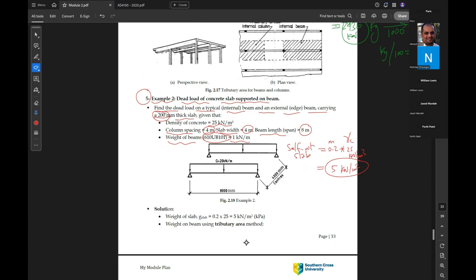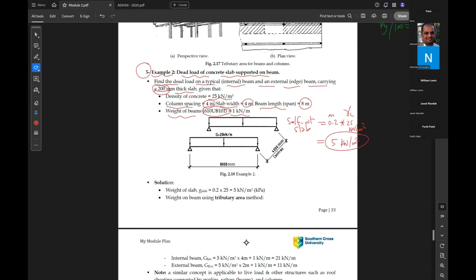Okay, so now how much is the load on one beam? If we just draw what is written here, something similar to here.